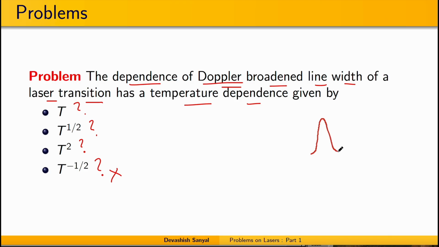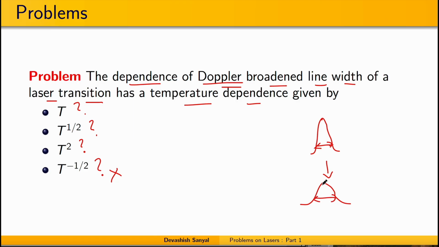This is where the peak is maximum, and this is the width, what we call the width of the line. This is at a low temperature. If you go to a higher temperature, the Gaussian shape may look like this, and the width will be broadened.